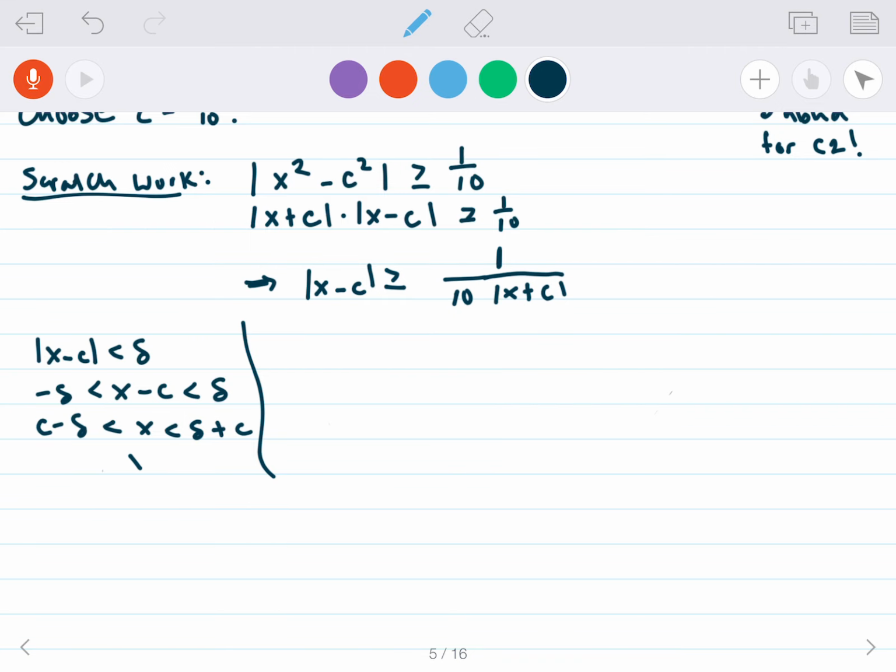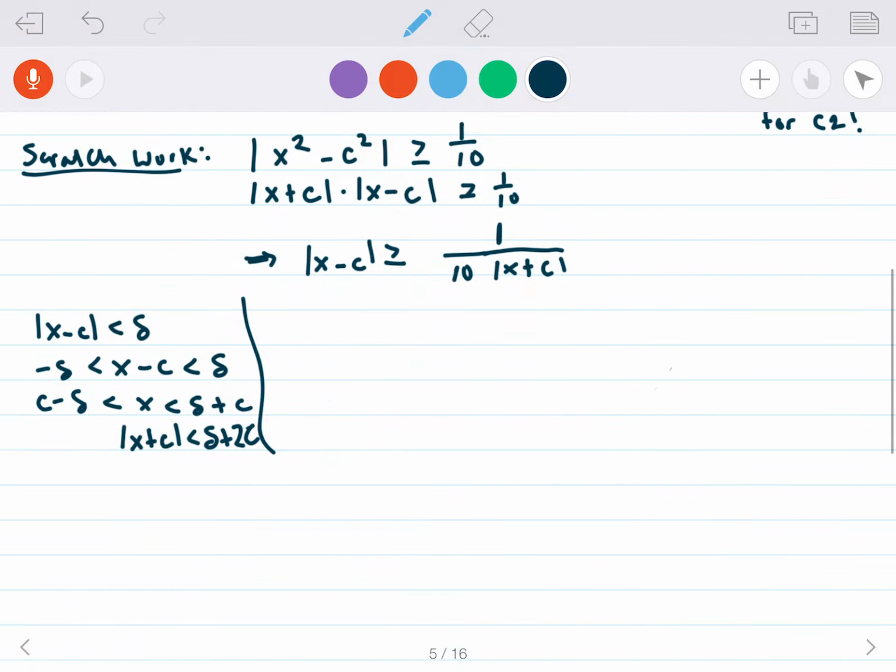So that gives me that the absolute value of x plus c is going to be less than delta plus c, right? Oh wait, I'm sorry, I think it should be delta plus 2c. I forgot to add the other c. So the absolute value of x plus c is going to be less than delta plus 2c.